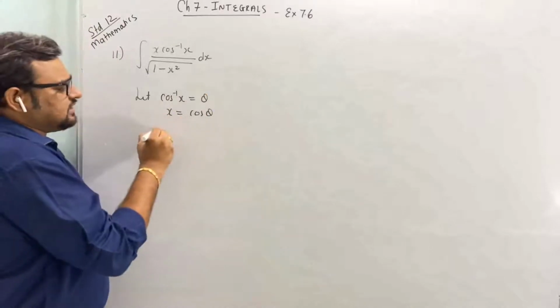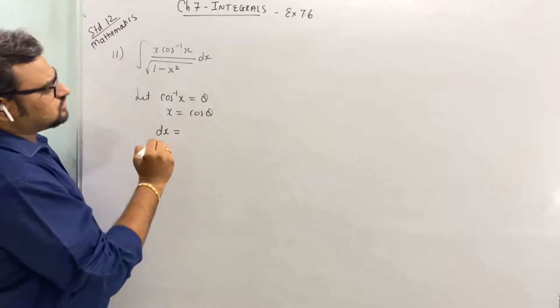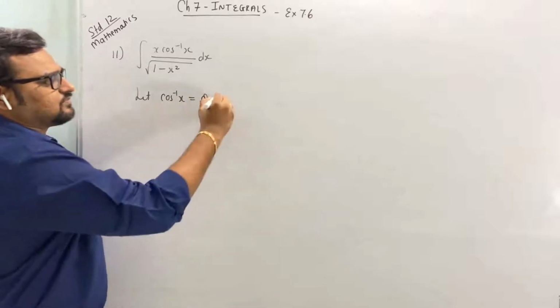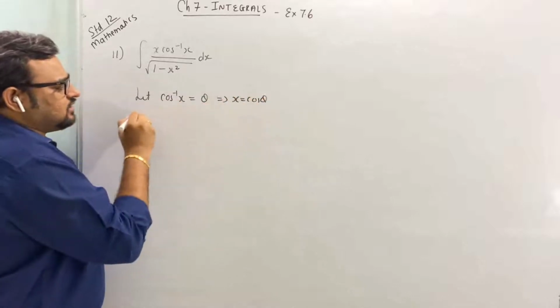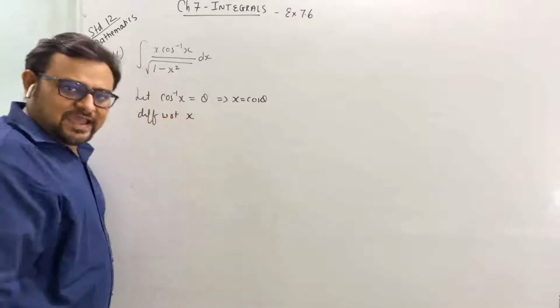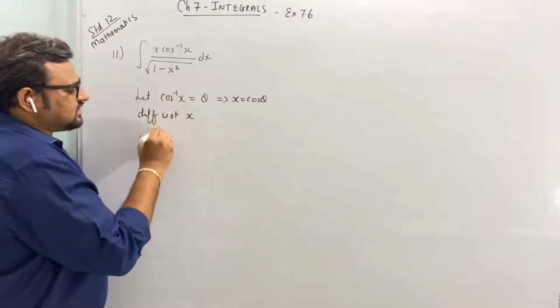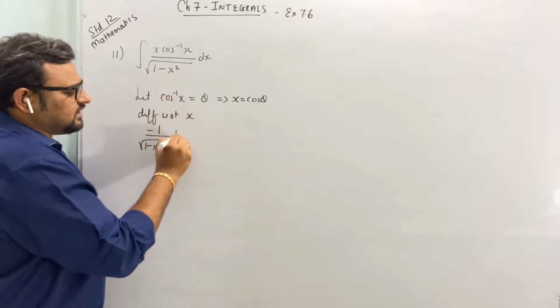Differentiate both the sides. X equal to cos theta, we will take it. But now, differentiating with respect to x, cos inverse x gives minus 1 upon root of 1 minus x square dx.